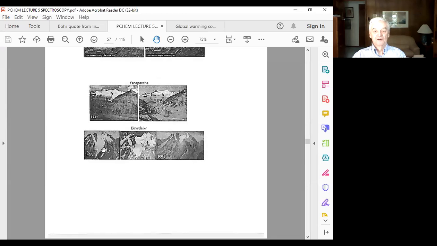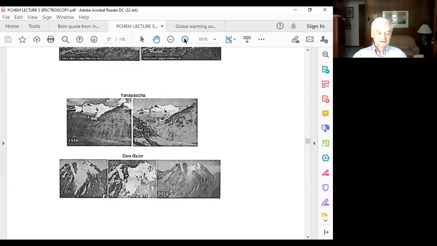Here's yet another one over the years. From 1906 to 1994, you can see a lot of this is disappearing. So if anybody needs proof that we have a warming climate, you just need to look at these glaciers here.